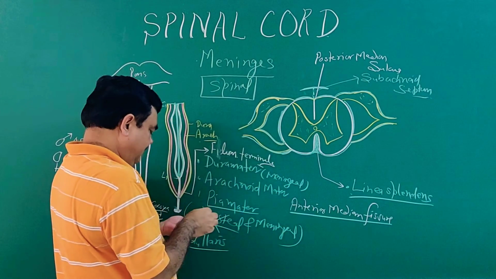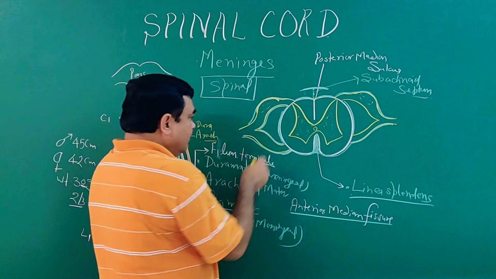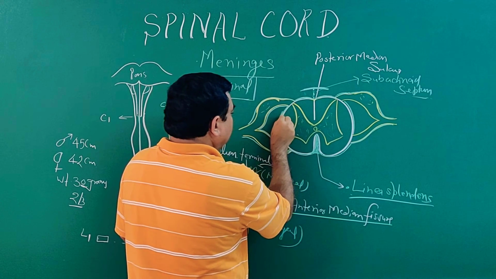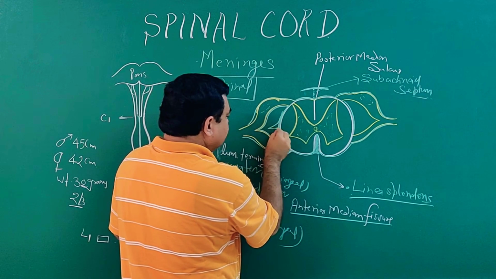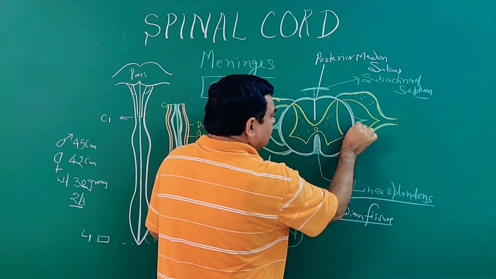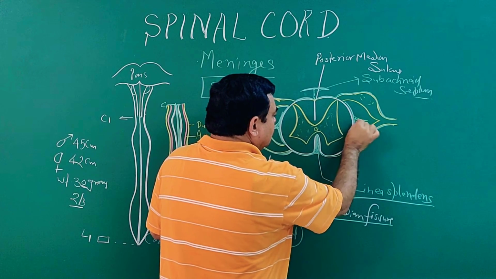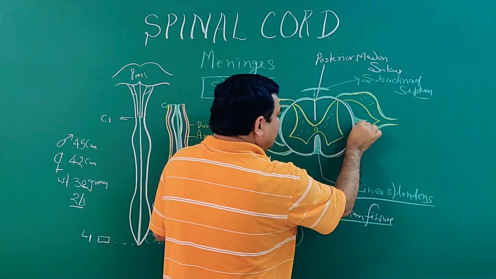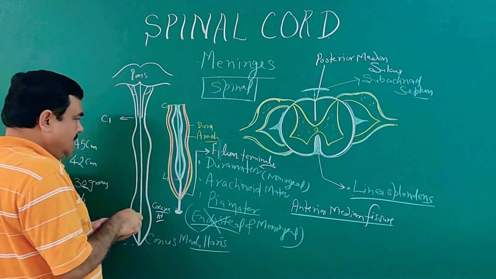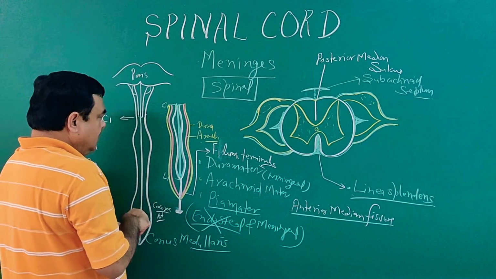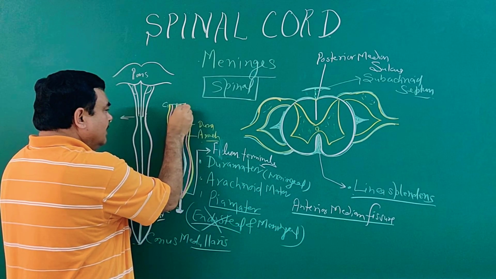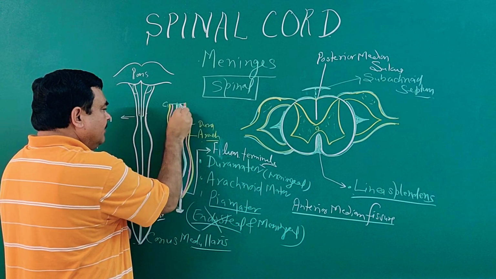on the lateral side, it forms a process. This is the ligamentum denticulatum. If you see here in this diagram, this is the ligamentum denticulatum. Here is the ligamentum denticulatum. This is the ligamentum denticulatum.